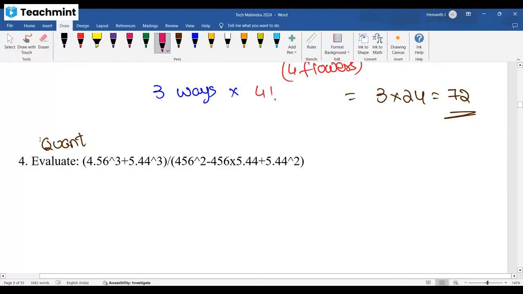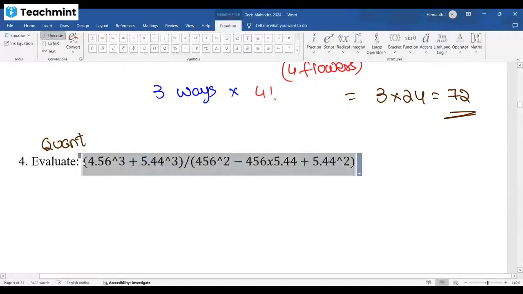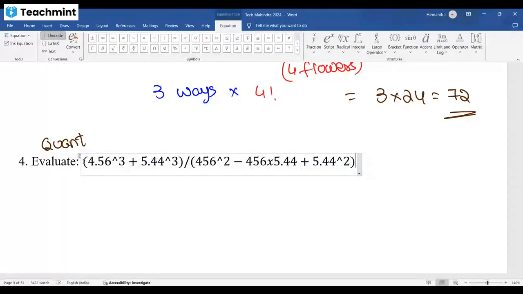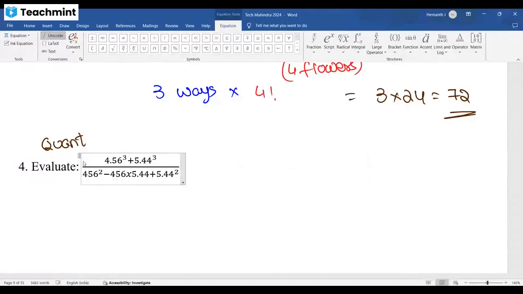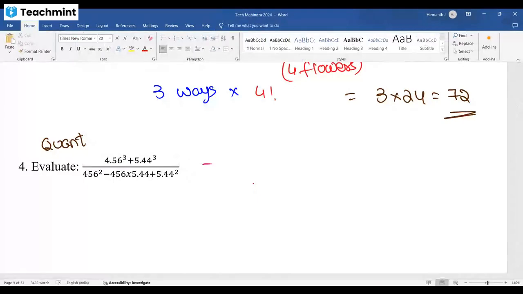This is a simplification, and the expression will be like this. You can see the same or a similar question in the material we shared already. It's a cube plus b cube upon a square minus ab plus b square.